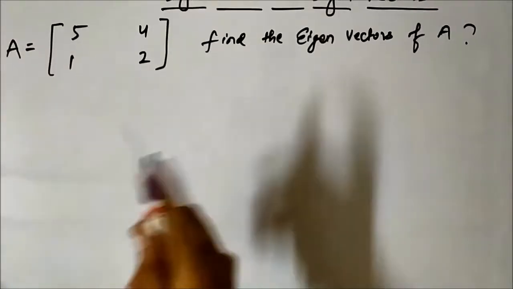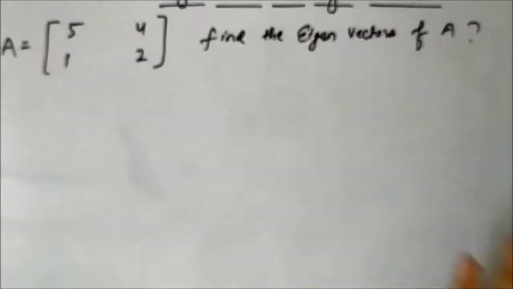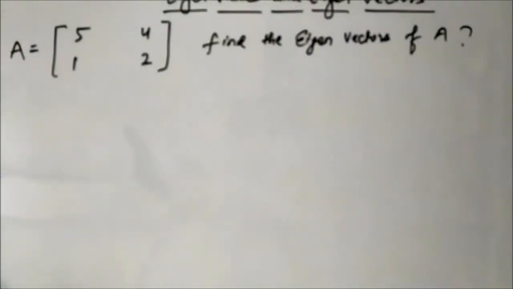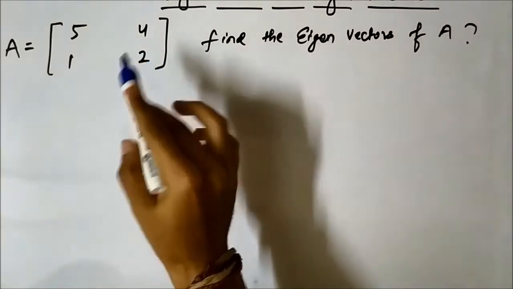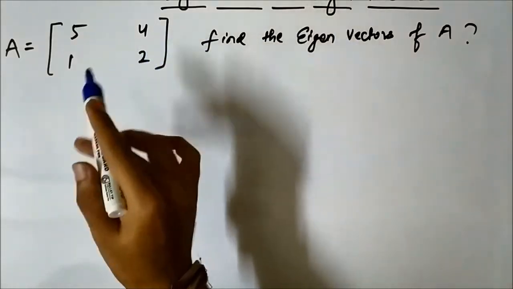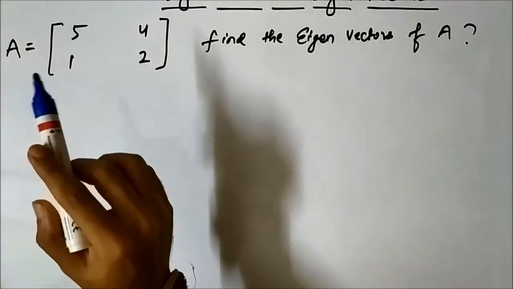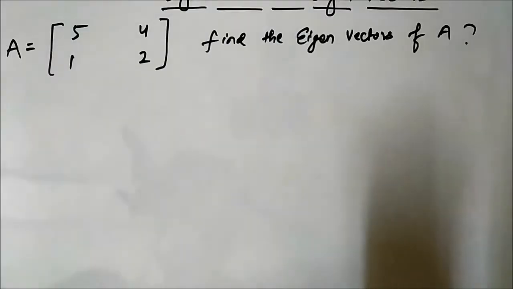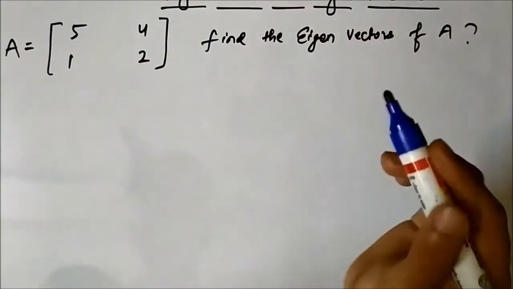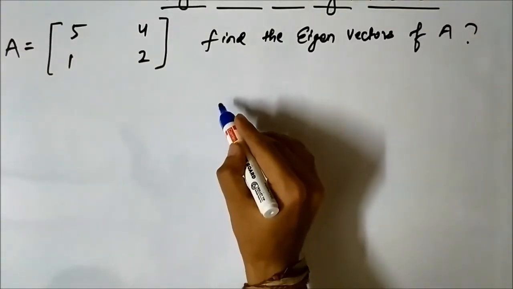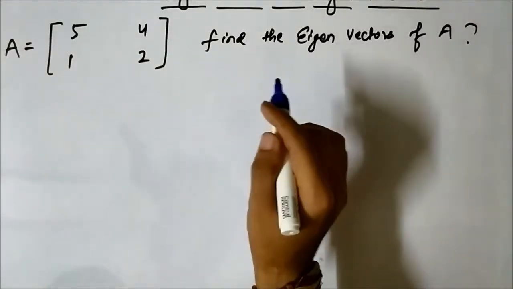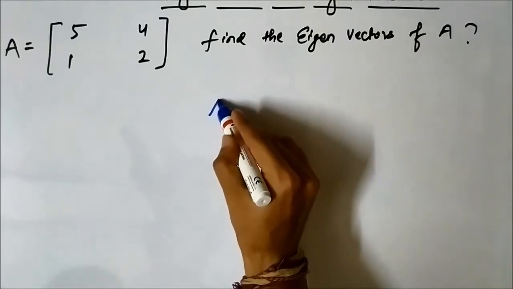So here is an example on determination of eigenvectors of a matrix. We have taken a 2 cross 2 matrix and it has been asked to find the eigenvectors of this matrix A. So we know that an eigenvector is a column vector which satisfies this relationship.